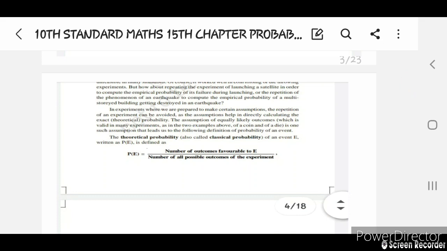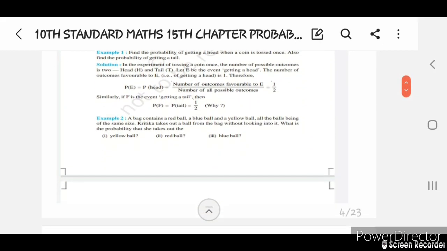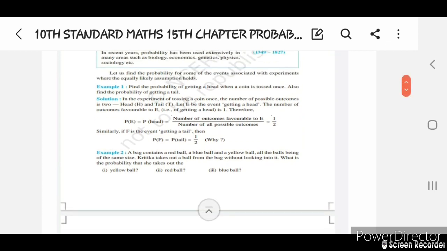Let us take one example. We have to find the probability of getting a head when a coin is tossed once, and also the probability of getting a tail. In this experiment, the tossing of a coin once, the possible outcomes are 2, head and tail.